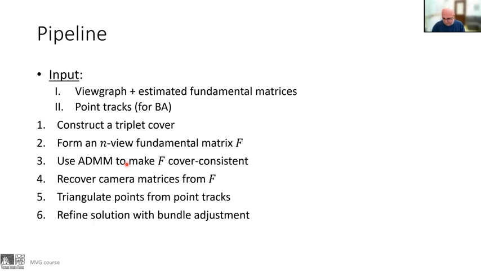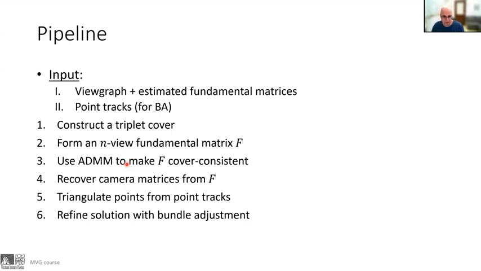Thanks. Then I have two questions. First question: when we estimate the fundamental matrices in the first stage, some images will not be covered, you cannot calculate a transformation matrix between them. Yes, that could be.